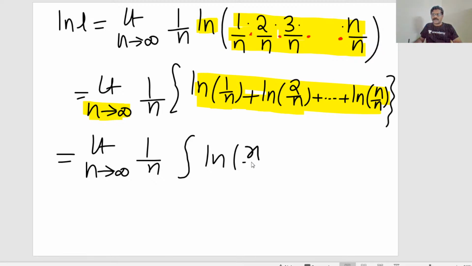Therefore, integral of log x by n dx, where x varies from 1, 2 till n. Therefore x varies from 1 to n, right? Now let us take x by n equal to t.